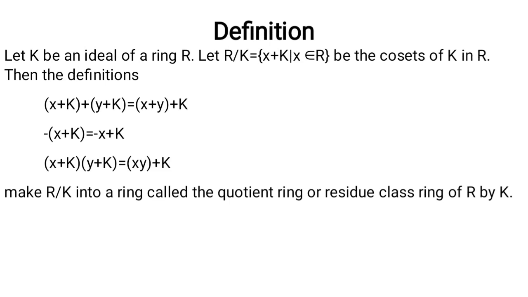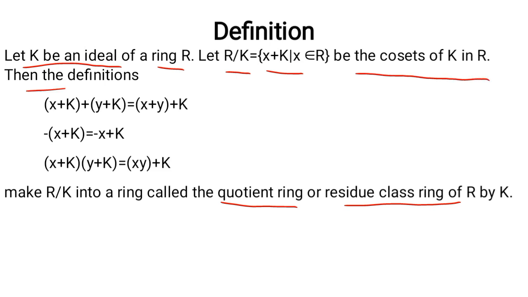Next definition you need to know has to do with the quotient, which you can see on the screen. The quotient is called the quotient ring or the residue class ring. Basically, if you have an ideal K and a ring R, the quotient R modulo K is defined as the set of cosets of K in R, and it satisfies all of this.